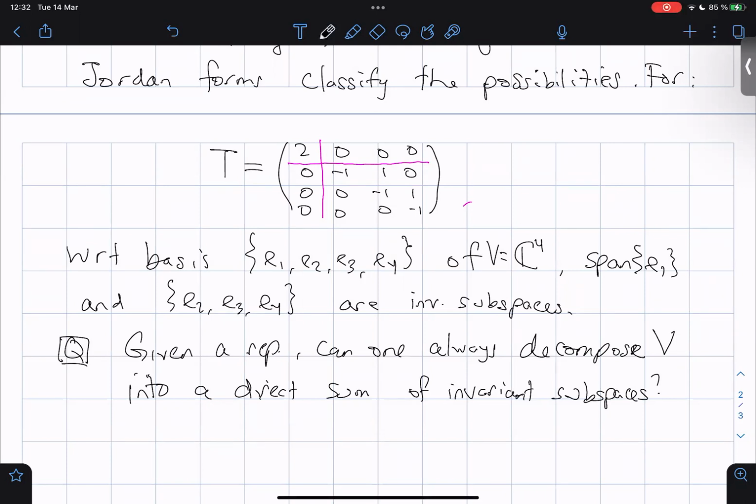That would be really nice, right? Then we could carry out this divide and conquer approach. But unfortunately, it's not true. The answer is no, and we'll do a quick example.